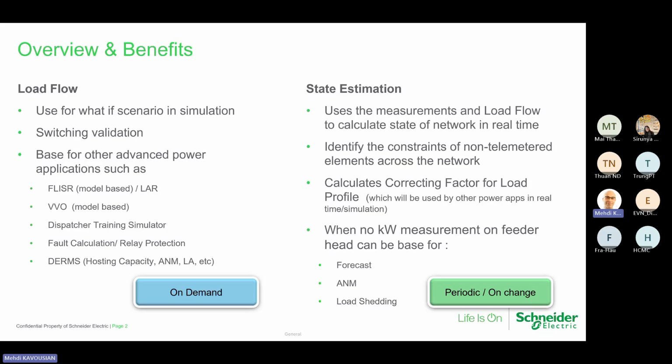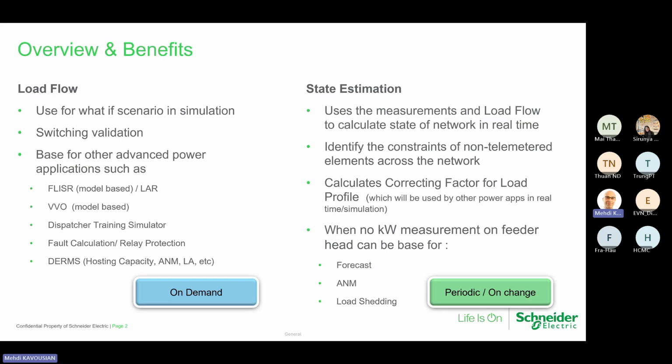Some of this can be done by a user. Some of them can be done by applications, and the applications might run load flow a few times to get the answer. So this is the backbone. Load flow is the backbone of most of our applications that we call model based. That's why it's so important. So yeah, load flow could be used by a user or by applications.